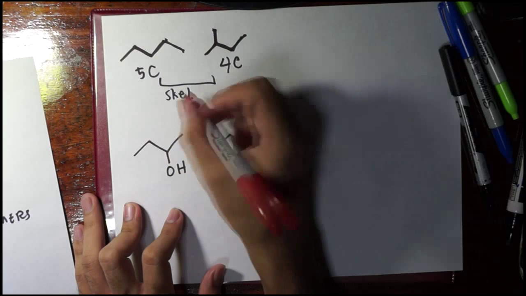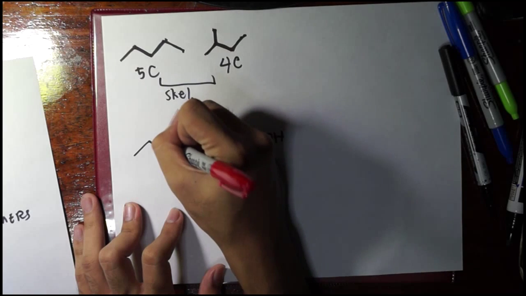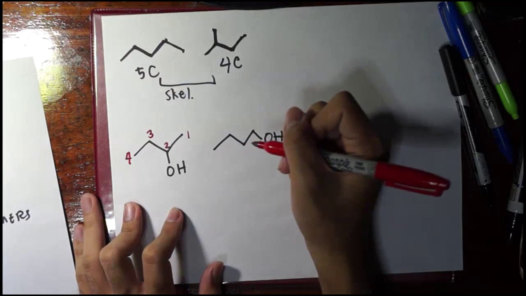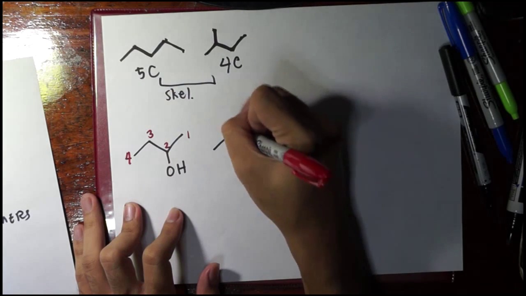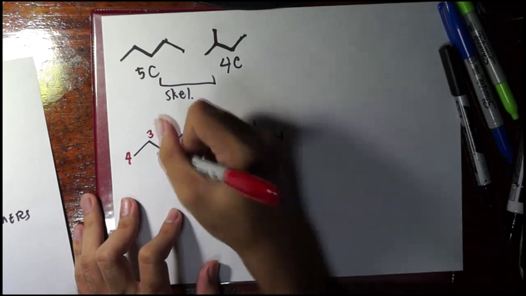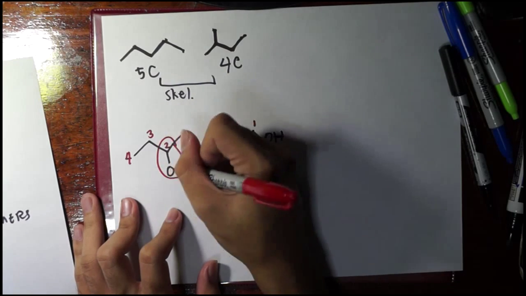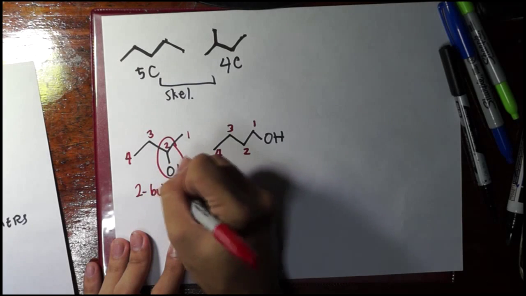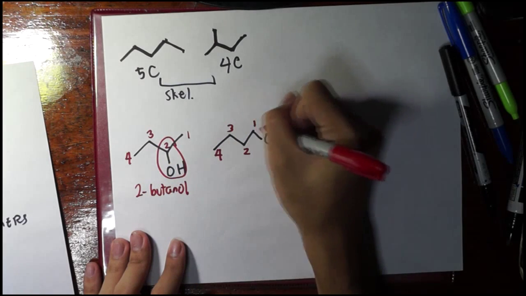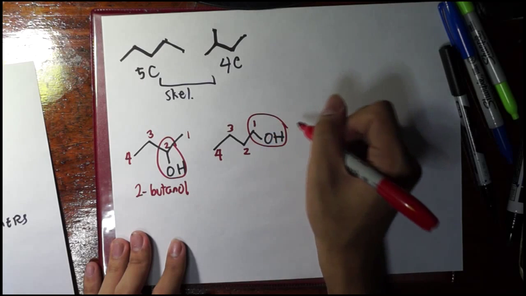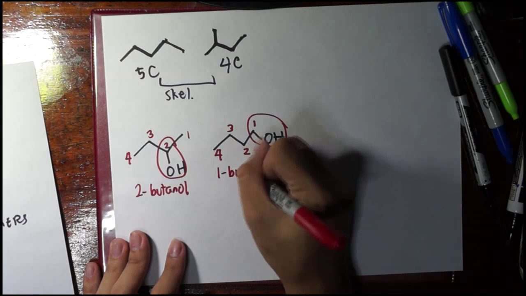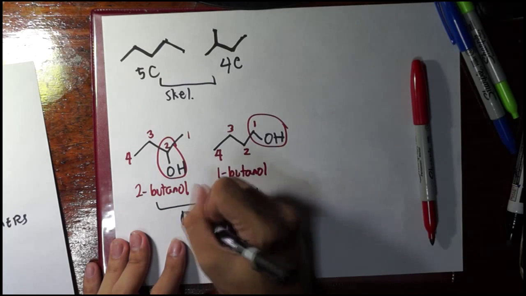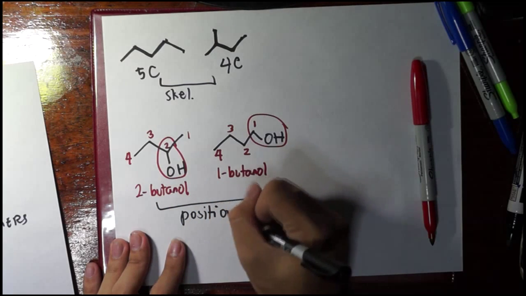Lowest sum, so we start here because we'll land with 2 if we do. And here we start here, of course, as number 1. So here, the locant is 2. This is 2-butanol, four carbon atoms. And here, the hydroxyl is in 1. So this is 1-butanol. This is what you call positional isomerism.